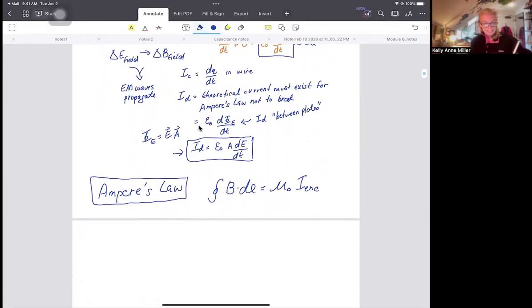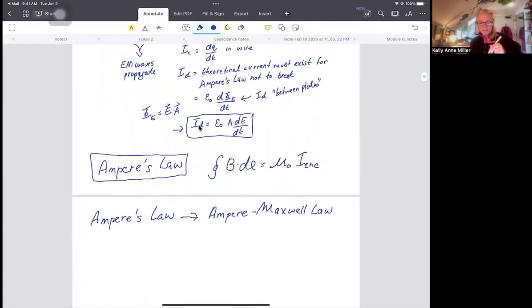So to extend Ampere's law to encompass the displacement current, Ampere's law turns into something called the Ampere-Maxwell law, because it was Maxwell who discovered this displacement current. There's a correction factor in the Ampere-Maxwell law, which adds in the displacement current term.